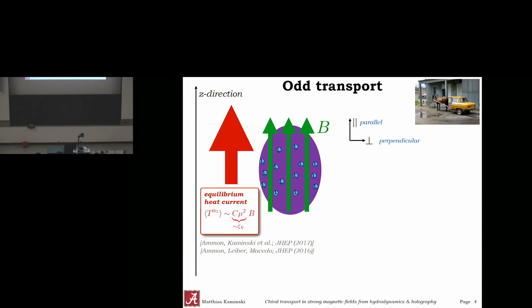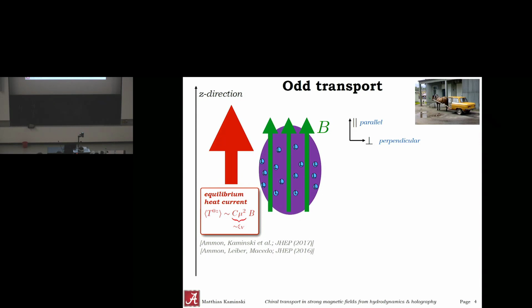So one type we looked at already earlier, it happens when you align your magnetic field along the z direction, let's say, to be specific. Then you have a current in the energy momentum tensor, a heat current, in equilibrium.